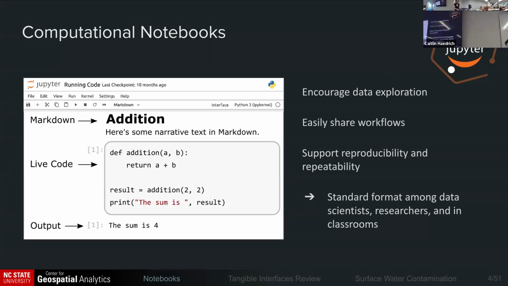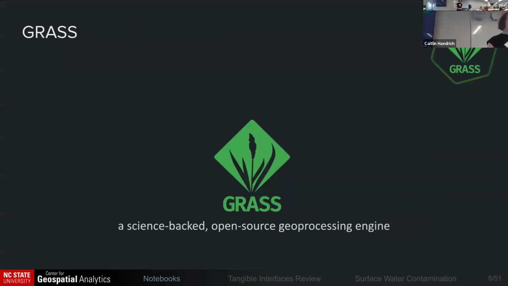And so at the beginning of my doctoral time here, I started working with GRASS, a science-backed open source geoprocessing engine. Many of the tools are written by researchers and scientists and have publications associated with them.